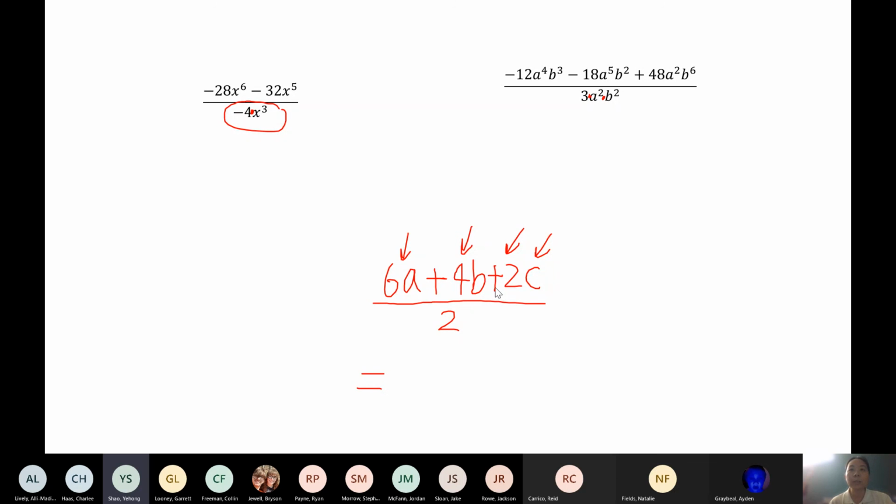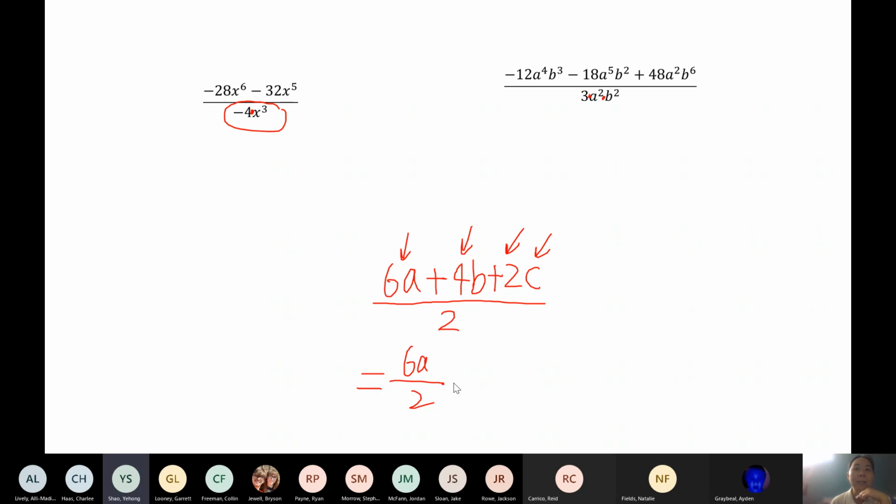Maybe I can use plus here. It will probably make more sense in real life. So I have 6 apples and 4 bananas and 2 carrots. I want to divide by 2, which means cut everything in half, right? Yes. Bryson said take 2 out of each number. That means divide each one by the bottom 2.